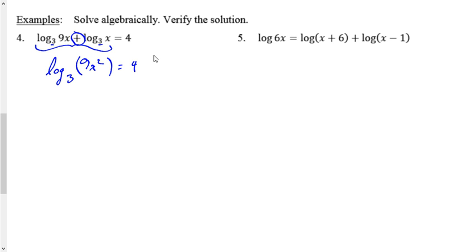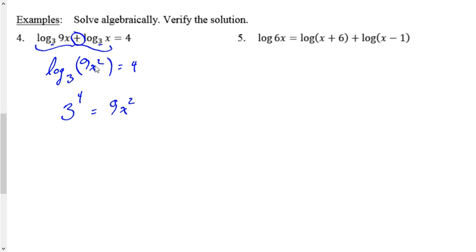Now we can use what we understand from the relationship between exponential and logarithmic equations to rewrite this logarithmic equation in exponential form. So here my base is a 3. Remember the logarithm is an exponent, so the exponent is a 4, and this is equal to the power that the logarithm was operating on, the 9x squared.